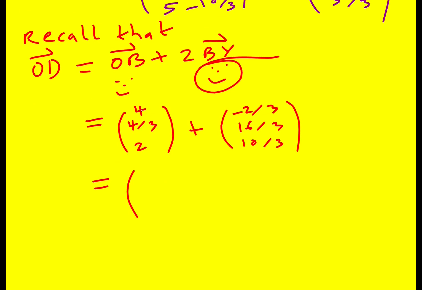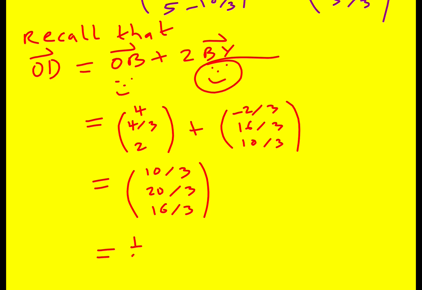So that's going to be 12 over 3 minus 2 over 3, which is 10 over 3. This will be 20 over 3. And this will be 6 over 3 plus 10 over 3, 16 over 3.